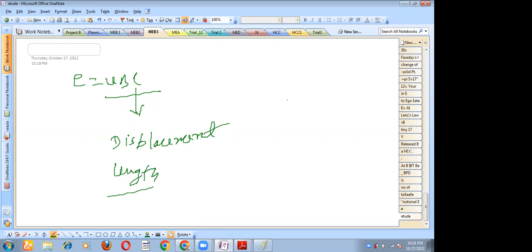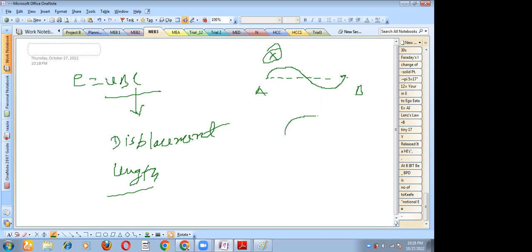Suppose you have an arbitrary shaped rod like this, and it is moving across a magnetic field. In that case, what will be the value of L? For L you have to take the displacement, this length. Or suppose we have a rod of this shape moving across a magnetic field, moving like this.